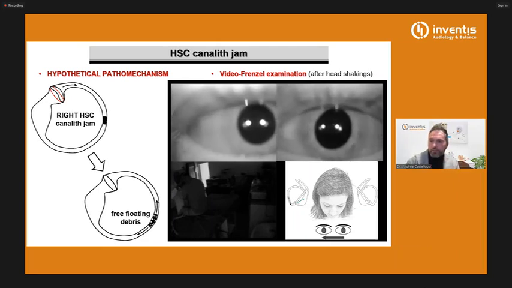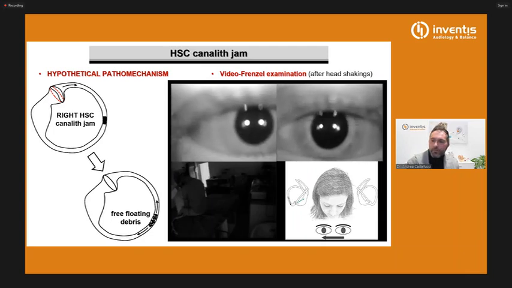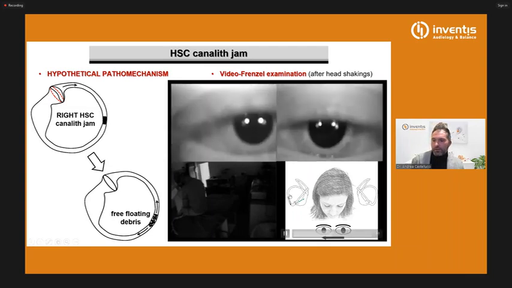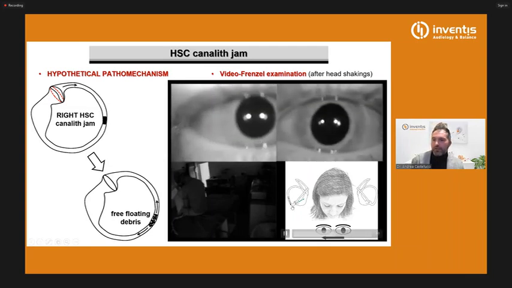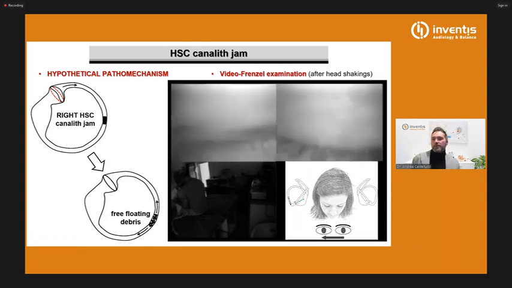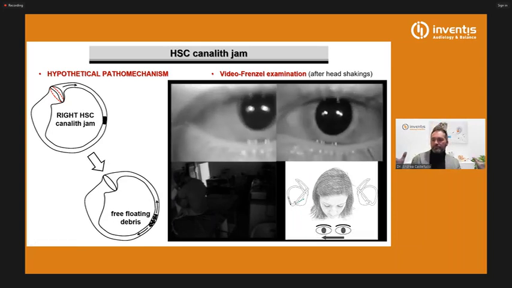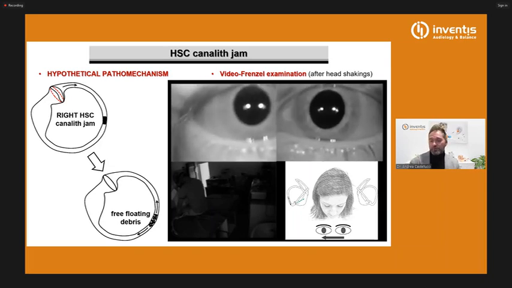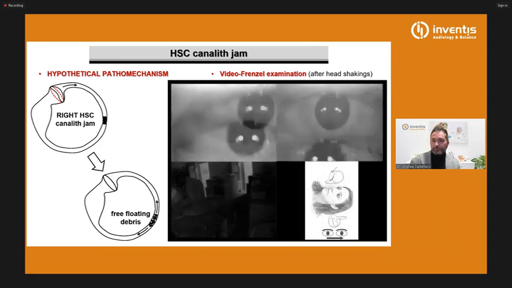Look now, a paroxysmal right beating nystagmus, because now otoconia are here in the non-ampullary arm and they go toward the ampulla of the horizontal canal. So now the gem is scrambled. And now the patient has a typical BPPV of the non-ampullary arm of the horizontal canal on the right side.